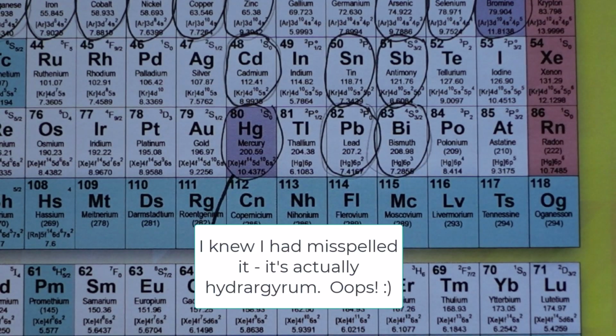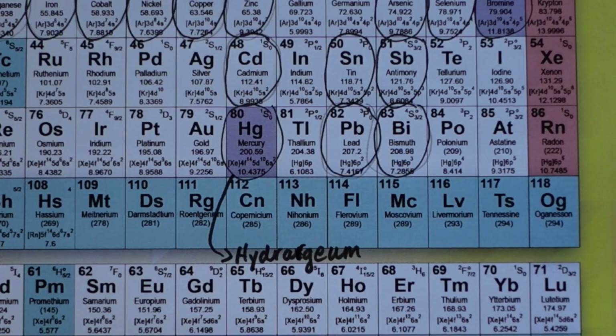Hydrargium. Future editing Connie here. I knew I had misspelled that, and I couldn't think of why. It's actually hydrargyrum. And so there was a Y in there that I had forgotten. So I do apologize for that, but there's the correct spelling of it. But that's why it's Hg.